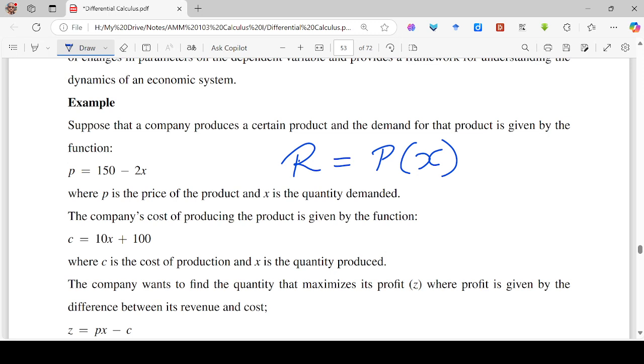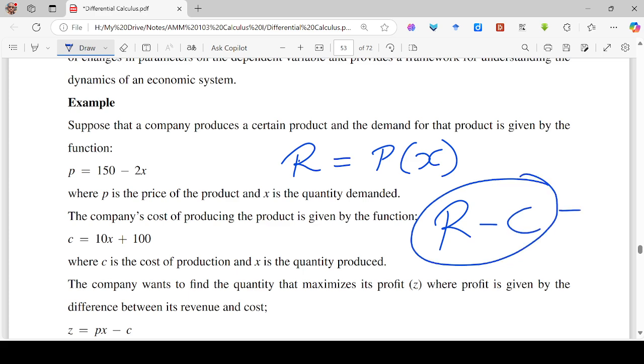The profit, on the other hand, is obtained by subtracting from revenue the cost of production. So when we take the revenue and subtract the cost, what you get is the profit, which we shall denote by Z in this case.